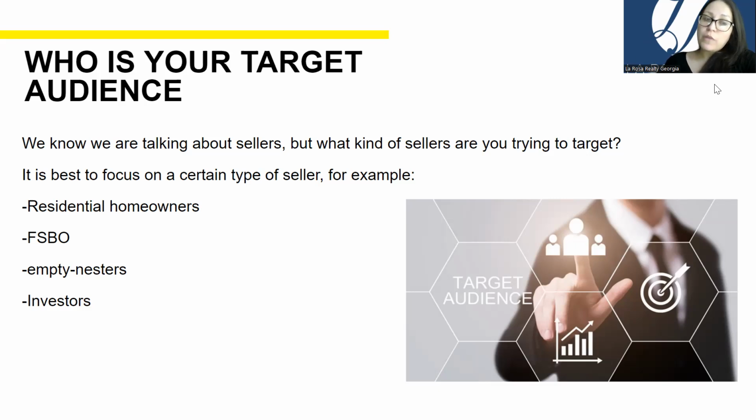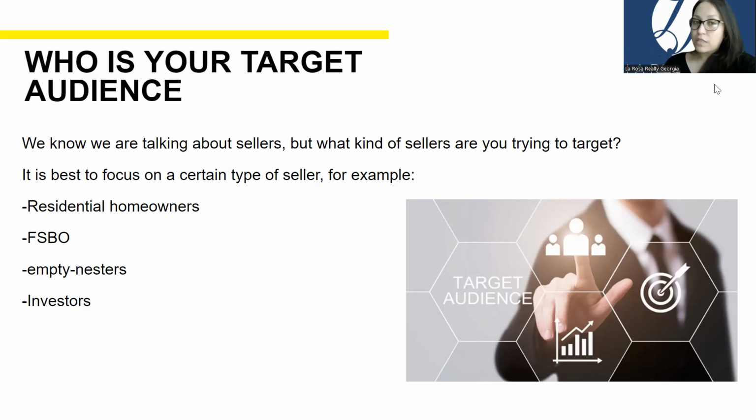So you don't want to bring a bunch of investors along with regular residential homeowners and put them together because they might have different interests and different needs. So it's always good to target your audience specifically.